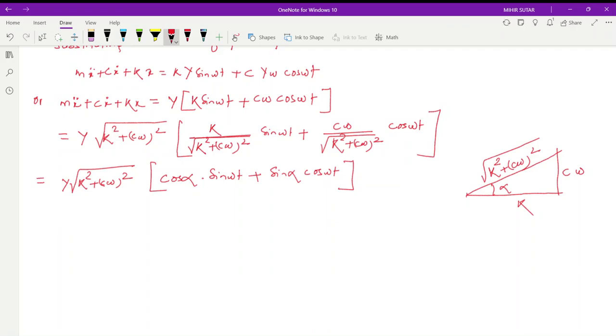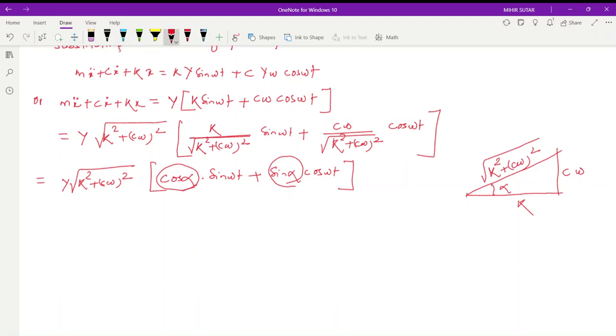From this angle we can see that k divided by root over of k squared plus (c omega) squared is cos alpha, and c omega divided by root over of k squared plus (c omega) squared is sin alpha. So we substitute these two values here.